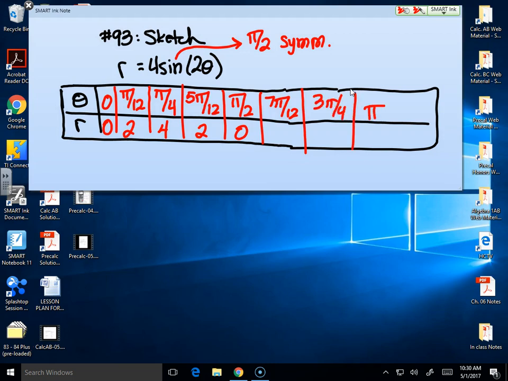And then maybe pi would be 2 pi. So we could go a little bit further. I missed a pi over 12 in there somewhere. At 7 pi over 6, sine is negative 1/2, that'd be negative 2. 3 pi over 4 times 2 is 3 pi over 2, negative 1, that'd be negative 4. We're missing a negative 2 in there somewhere, but then at 2 pi sine is 0 again.